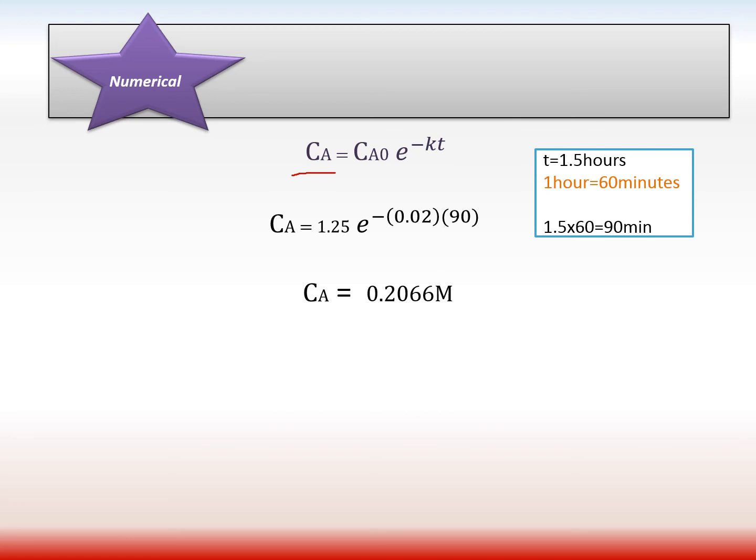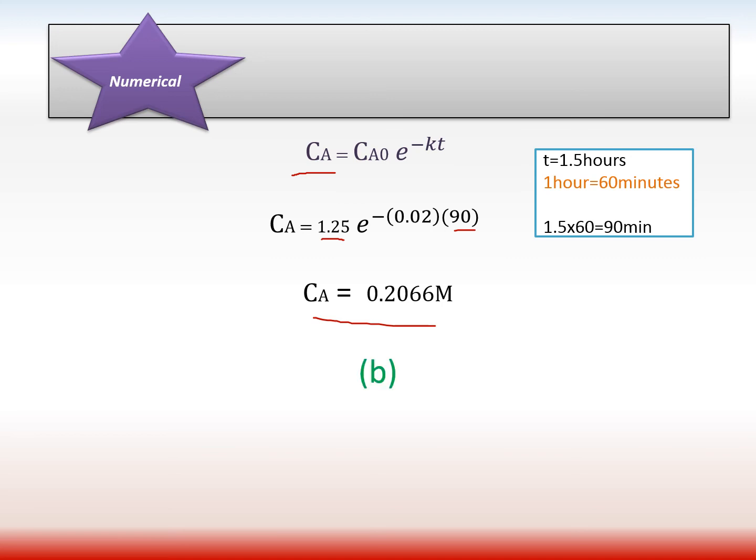So we replace t here with 90. The value of C_A0 given in the data is 1.25 and the value of k is 0.02. On solving this whole term, we get the answer C_A equal to 0.2066 molar.